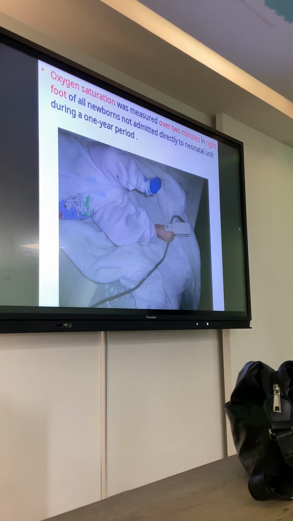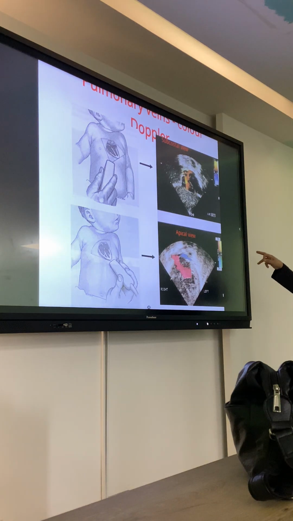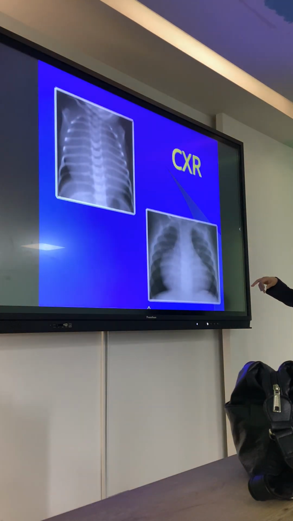Pulse oximeter, that is. And also echocardiography we do, and this is Doppler. That is a kind of sonography for detecting. It was chest X-ray. You can see what? Cardiomegaly. Large heart.